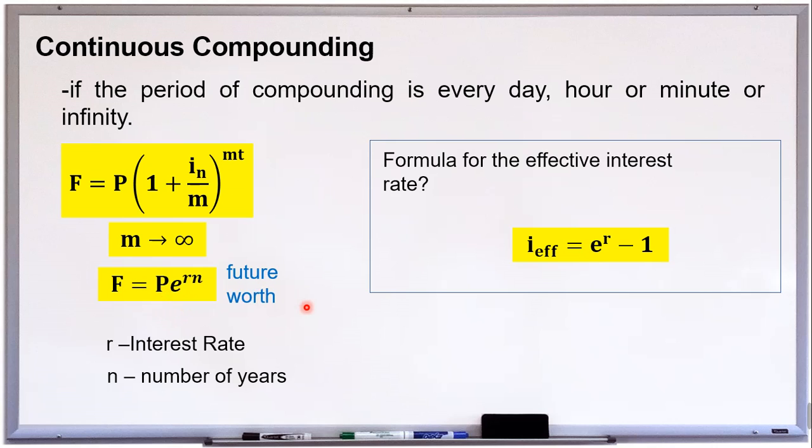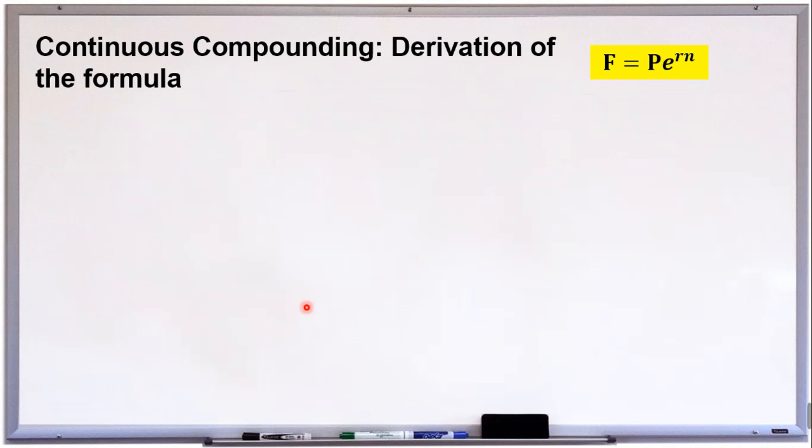We're going to use the concept in your calculus. For the derivation of this formula, let's start with the general formula for compound interest rate. This is the formula in which our m for continuous compounding approaches infinity.